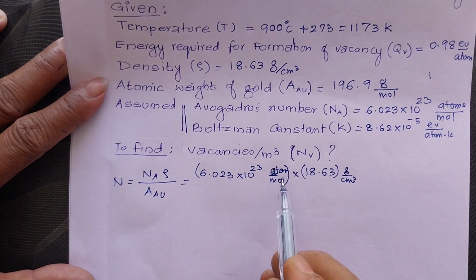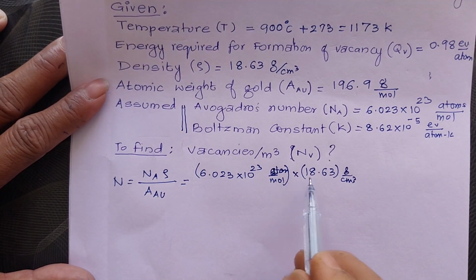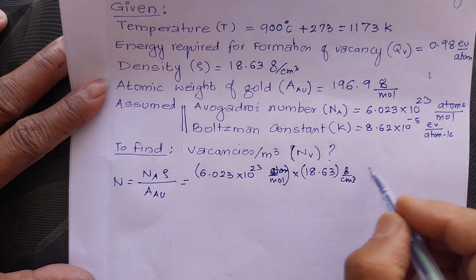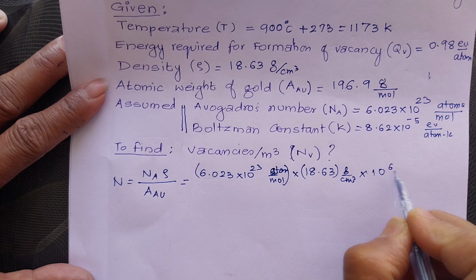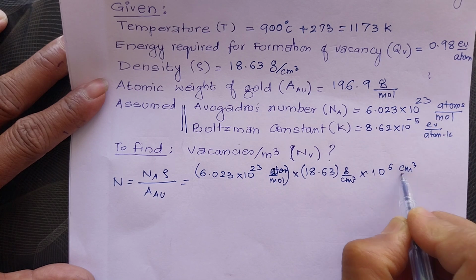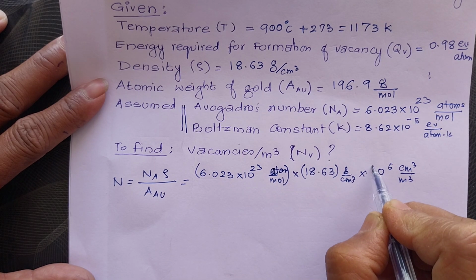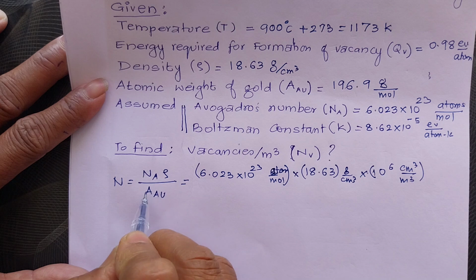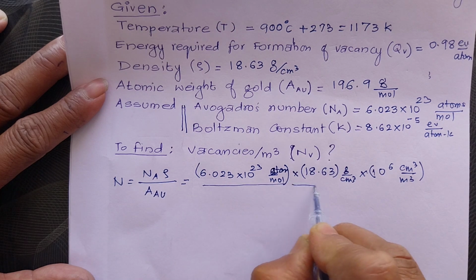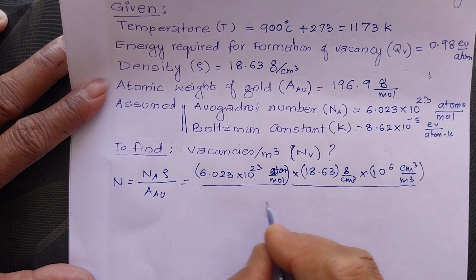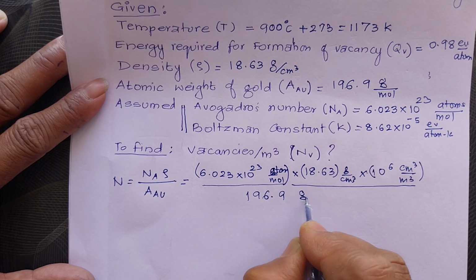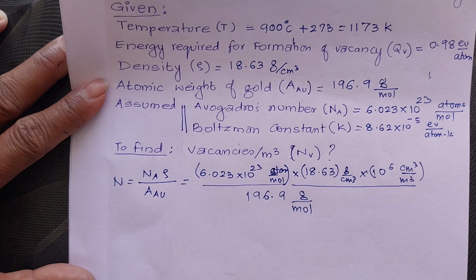Since we will have answers in centimeter cube, we have to convert it into meter cube, so that is 10 raised to 6 centimeter cube per meter cube. This is divided by the atomic weight of gold, 196.9 grams per mole.